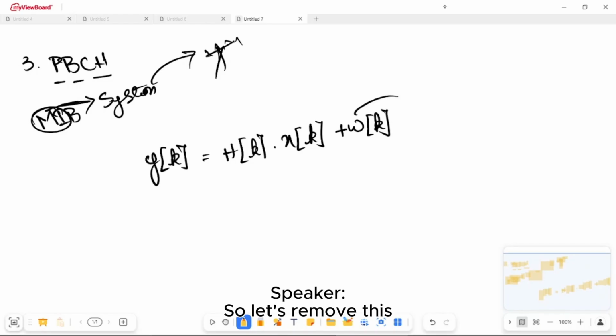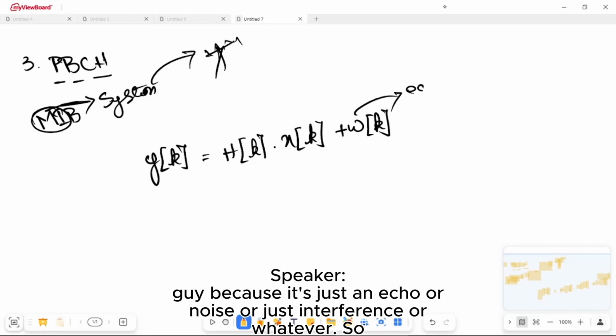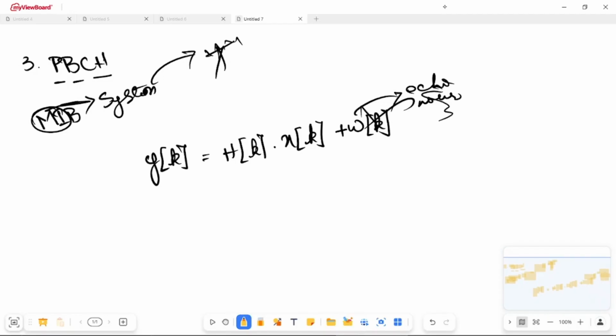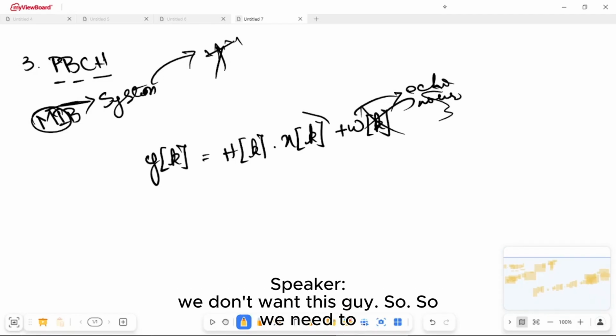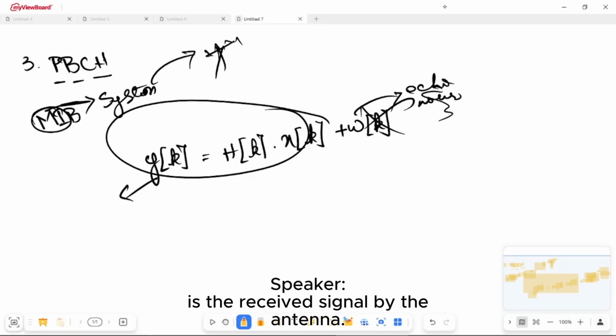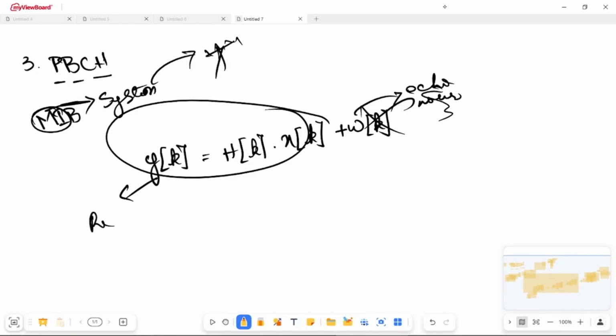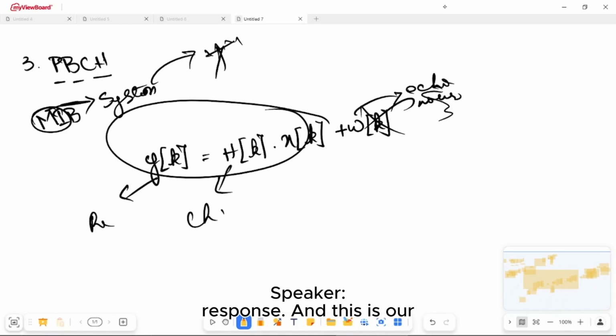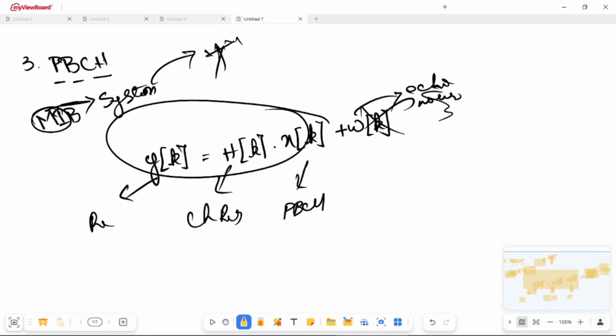Let's remove w of k because it's just an echo or noise or interference. We consider this formula where y is the received signal by the antenna, h is the channel response, and x is our PBCH.